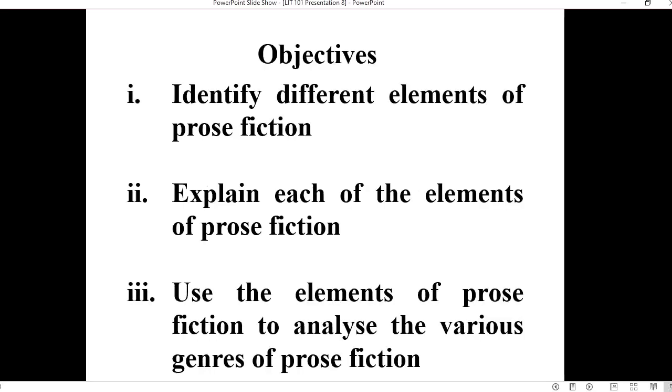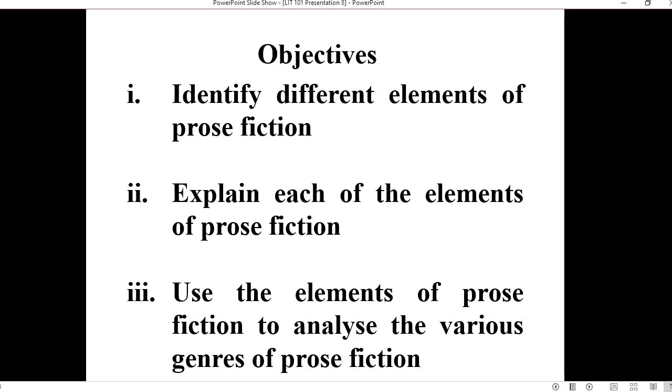It's still expected of you to be able to identify the elements of prose fiction and then explain each of them.